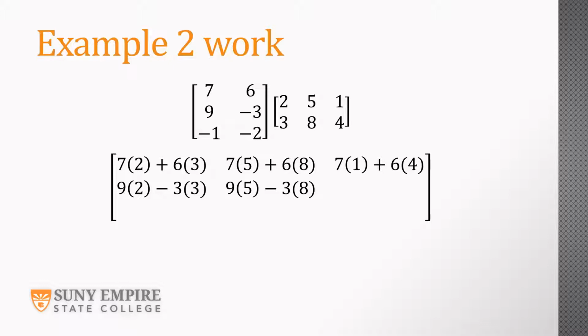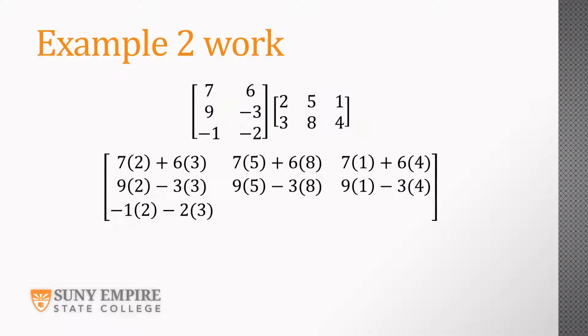We fill the middle row middle column of the product by multiplying the middle row of matrix B by the middle column of matrix A. We have 9 times 5 minus 3 times 8. We fill the middle row rightmost column of the product by multiplying the middle row of matrix B by the rightmost column of matrix A. This gives us 9 times 1 minus 3 times 4.